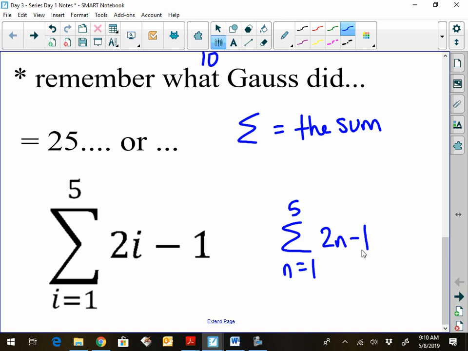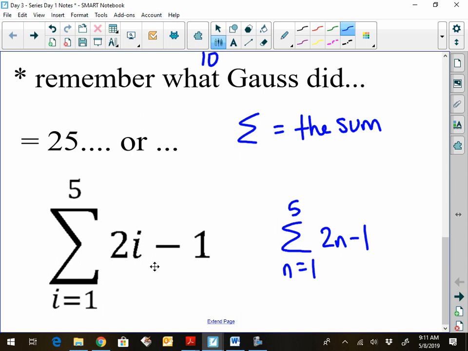Notice that our n's match here, or our i's match here. As you know, i means something different in math, so I would probably use n more, but you might see it written using i. That's why I'm including that in here, because it might be seen as you keep going in this.